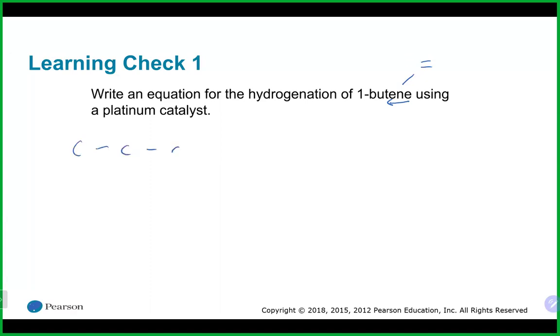I'm going to draw my 4 carbons. In this case, 1-butene means that is where the double bond is located. You do have the option of putting it at one end or the other. I'm going to put it here. Now, since I'm going to draw a product here, I'm going to actually draw out the hydrogen so I can see everything.